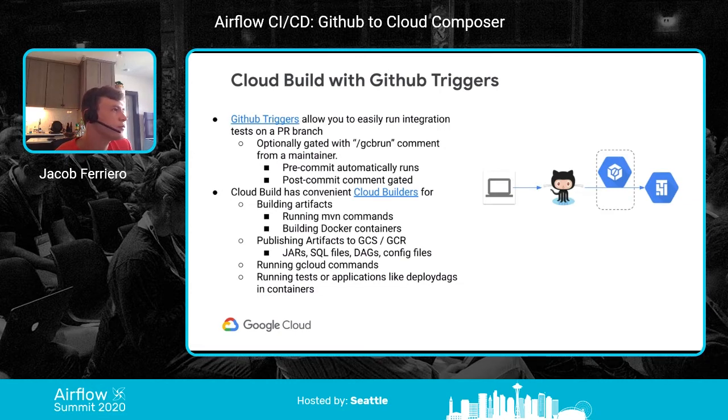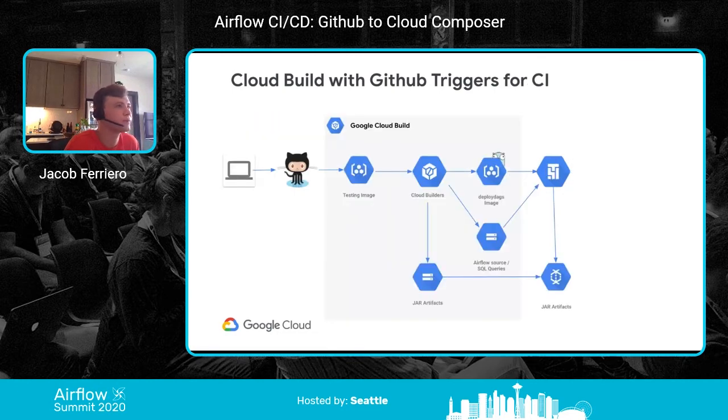Cloud Build has a bunch of convenient builders to use for building jars with Maven or building Docker containers, which is how we'll package up our Golang deploydags app, running gcloud commands to copy GCS files, run Composer, Airflow commands, etc. And you can run small applications in containers as well.